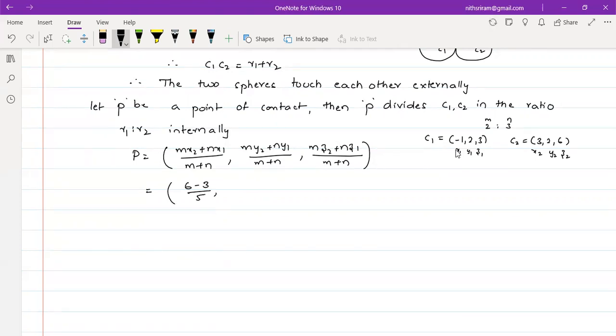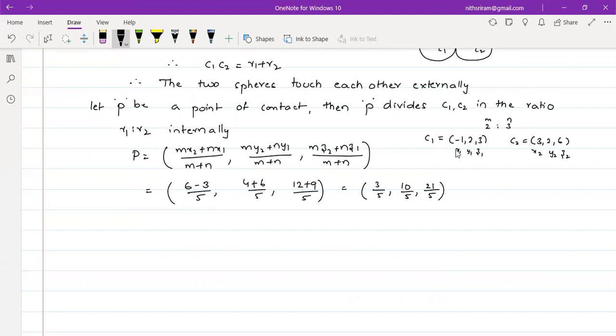Once again, my2: 2 twos are 4, plus 3 twos are 6, m plus n is 5. Next, mz2: 2 sixes are 12, plus 3 threes are 9, by m plus n, that is 5. So finally we get 3 by 5, comma, 10 by 5, comma, 21 by 5.